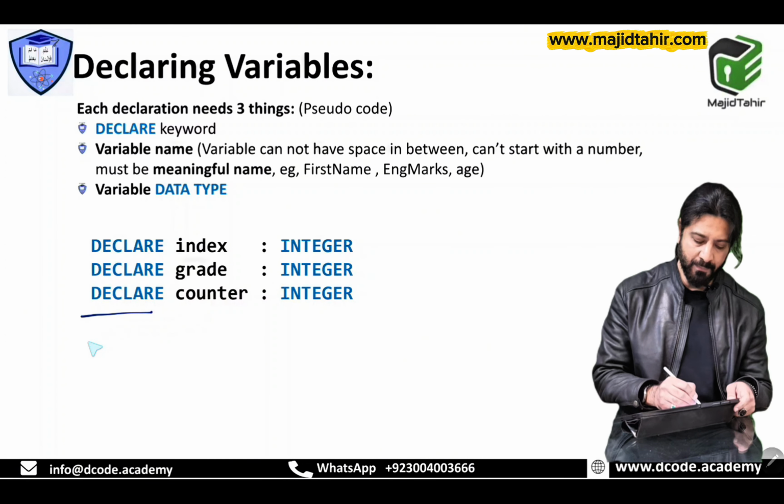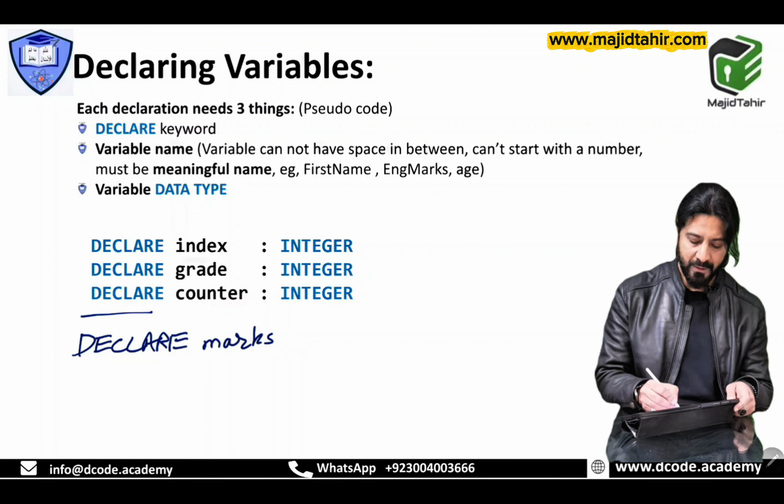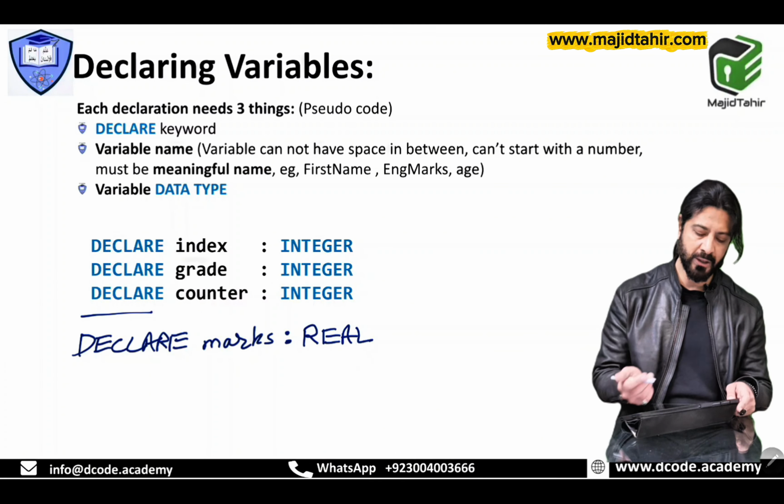For example, I am creating another variable: declare, then the name of the variable, for example marks, and I'm going to store the real data type, meaning my marks can store decimal numbers also. So declare marks as real. So this colon and then the data type.